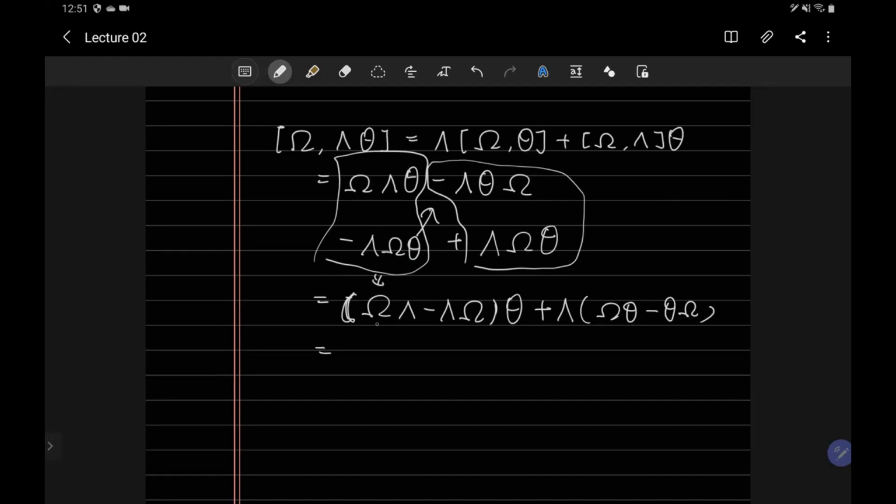Of course, each of these can be reduced to just the commutator, because this is the definition of the commutator. That's how we can prove this identity.